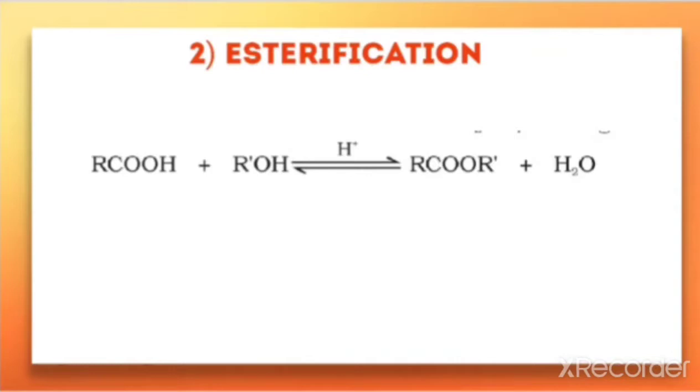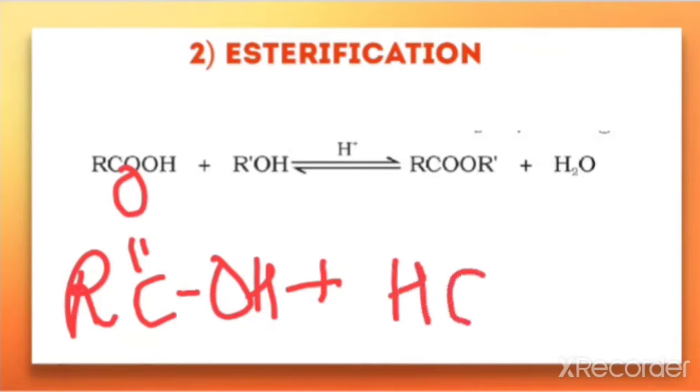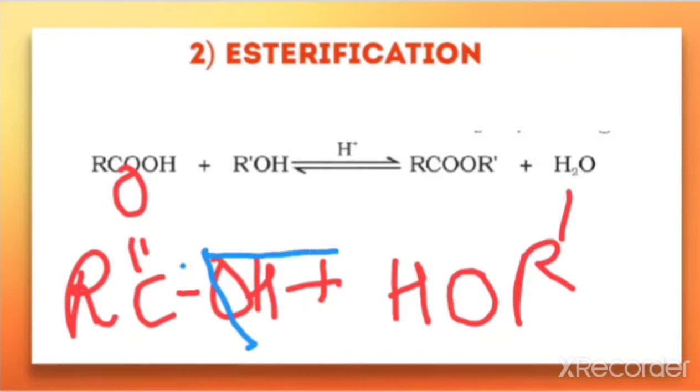Better you write it in this way, that is RC double bond OOH. This is the acid, and the alcohol we write in the reverse order, so HOR'. Now from here you have to remove water, that is, you have to do a cleavage of this bond.